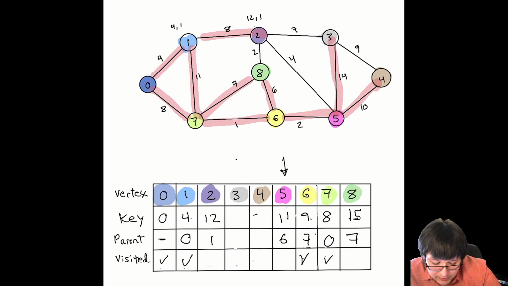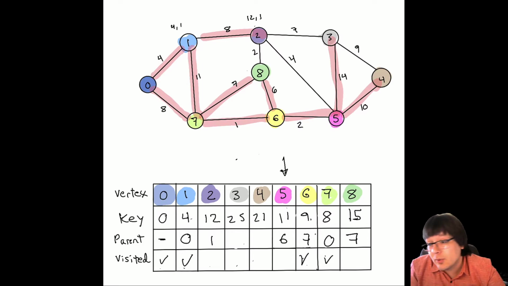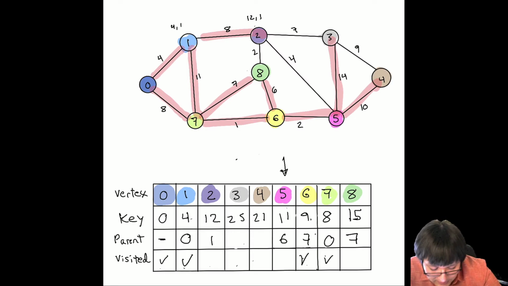So that is going to be a really big number, 21 actually, at least compared to the other numbers. And then in the case of 3, we're going to take 11 and add 14 to it. So that's an even bigger one. That's 25, right? So 11 plus 14 is 25. Yep. Okay. So big numbers there. That's good because hopefully those get relaxed. We haven't really seen much relaxing going on.